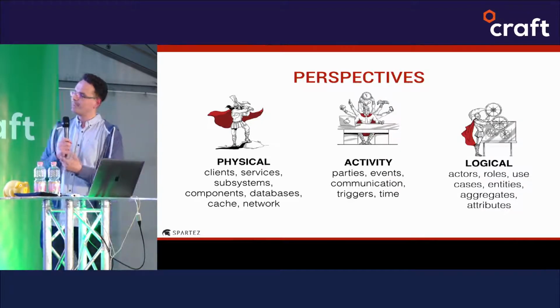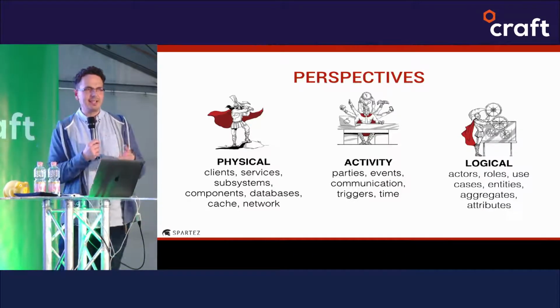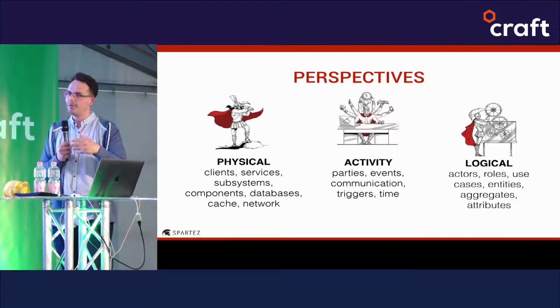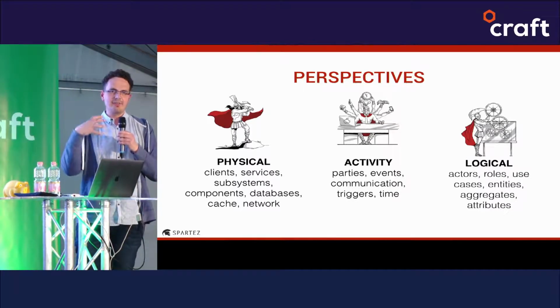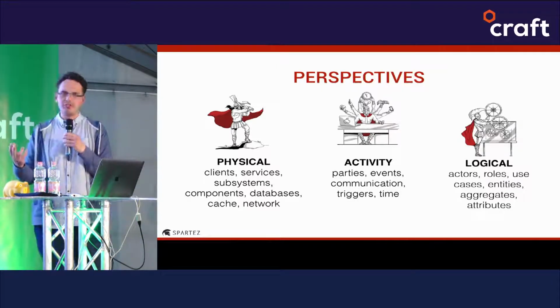And the third perspective, and this is the perspective that I like the most, is looking at the feature from an activity point of view. So, for instance, you have some kind of triggers, actors who act on those triggers, and some kind of events that take place, and you have actors communicating those events between each other.